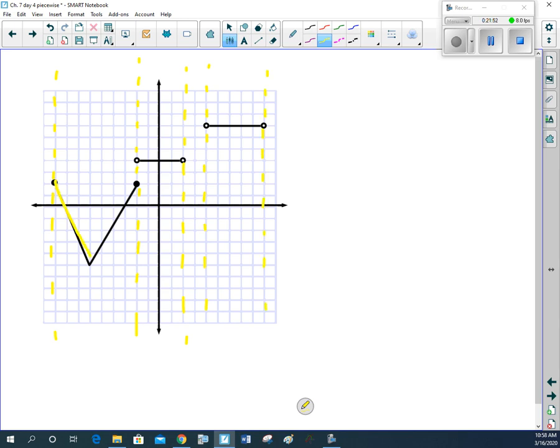I was kind of thinking I want to do an absolute value, but now that I look at it closer, I can see that this distance right there is 4 spaces, and this distance on the left is only 3 spaces. So I can't do that as one absolute value symbol. I'm going to have to break that up into 2 pieces since it's 2 lines.